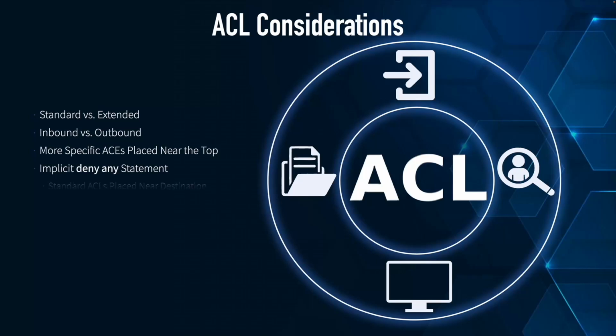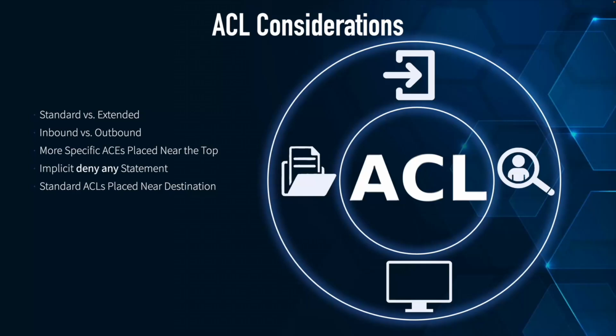And when we're working with standard ACLs, the best practice is to place those as close to the destination as possible. The logic behind that is, since we're only looking at source IP address information, if we apply it too early in the packet's travel, we might inadvertently deny that packet from reaching destinations that it should reach.